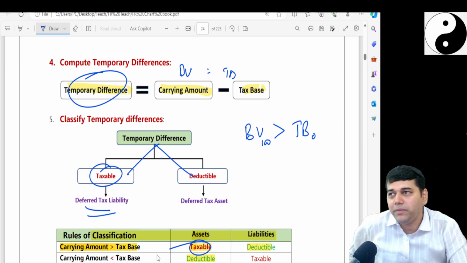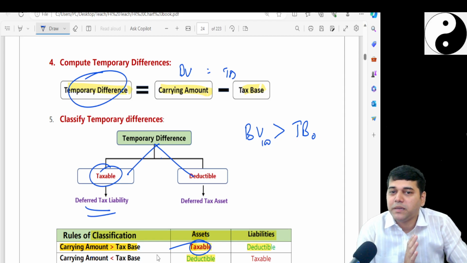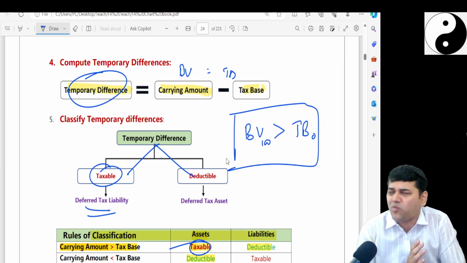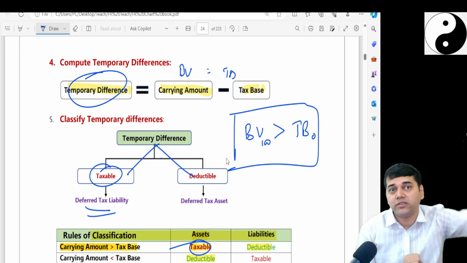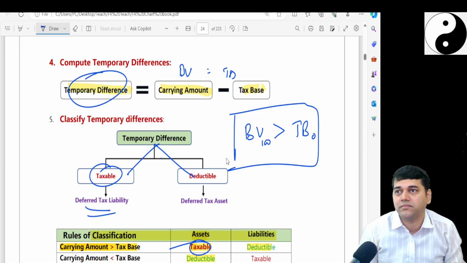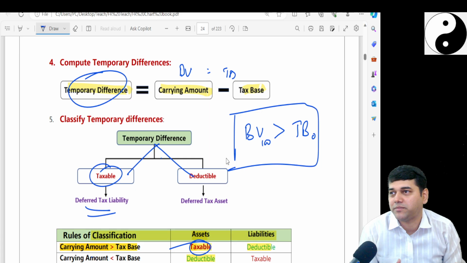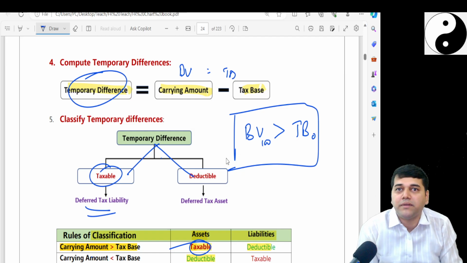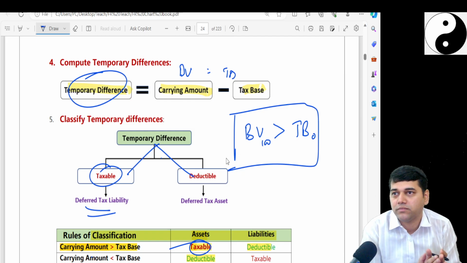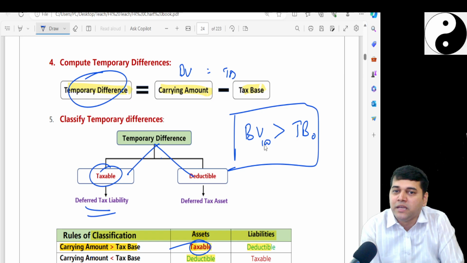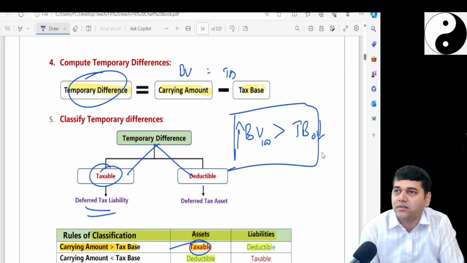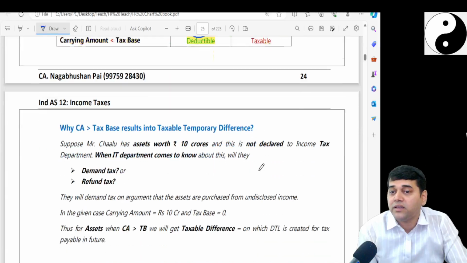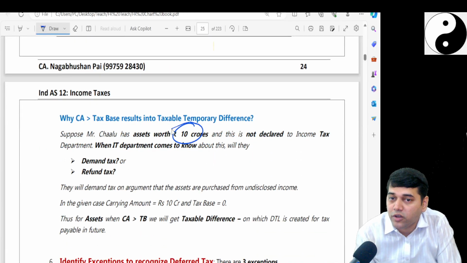For me, only one thing I have to remember: if my book value is greater than the tax base, whatever the reason, either I have got some undisclosed income not told to the income tax department, or I have claimed more deductions in income tax by hook or crook. Today, I have claimed more deduction. That's why my book value is more than the tax base. So income tax will always say you have to pay. You have got an asset of 10 crore, so the income tax will always ask for demand.